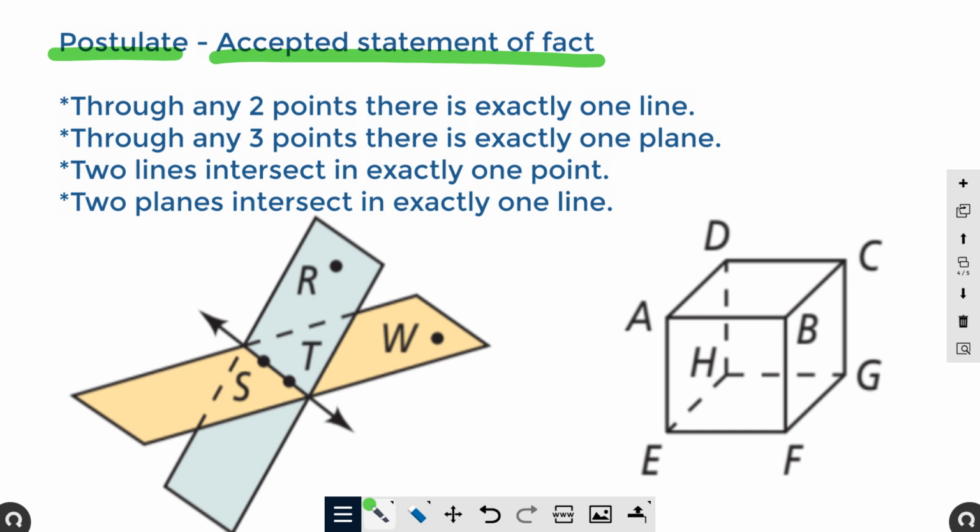I know this one looks really confusing. If you want to draw the cube one, you can. But a postulate is an accepted statement or fact. Those 4 little bullets, you can write those on your notebook paper.